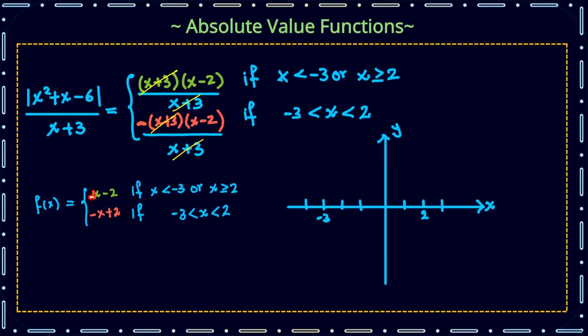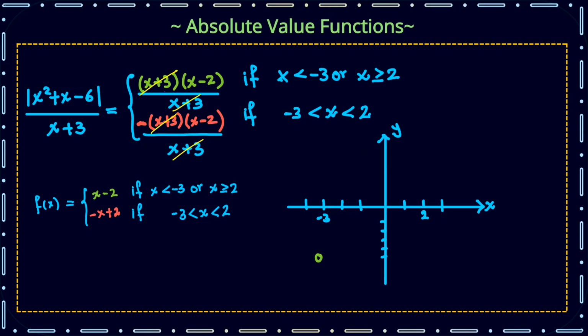If you put negative 3 into x, you get negative 3 minus 2. That would be negative 5. So at negative 3, we have negative 5. That's one of the locations that determines our graph. Notice that since negative 3 itself is not included, we draw a hole. For x less than negative 3, I need to choose a number less than negative 3.